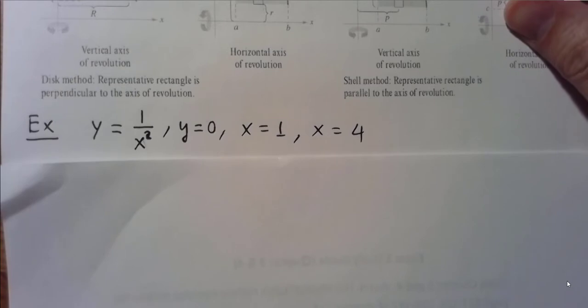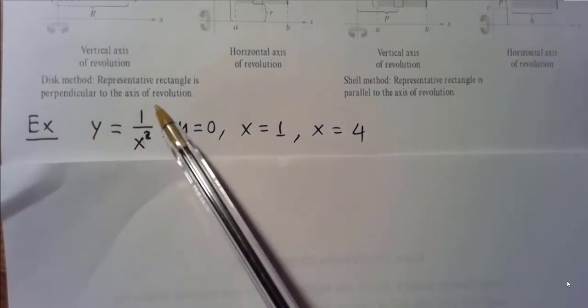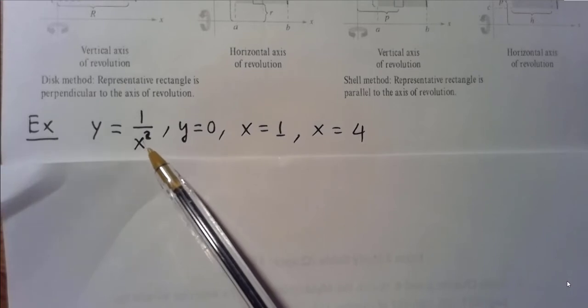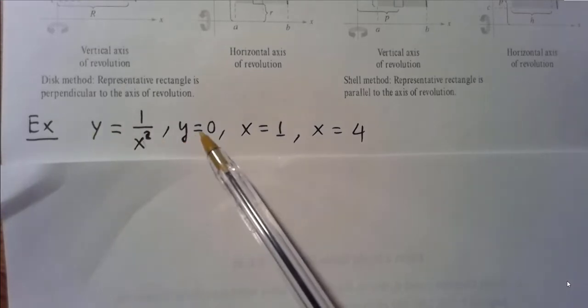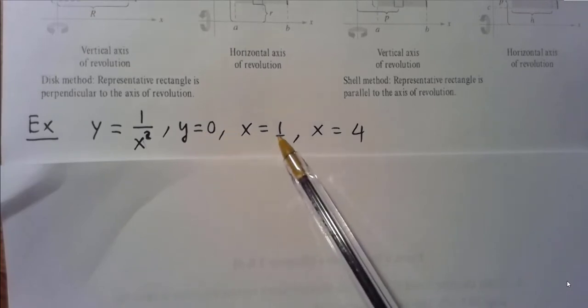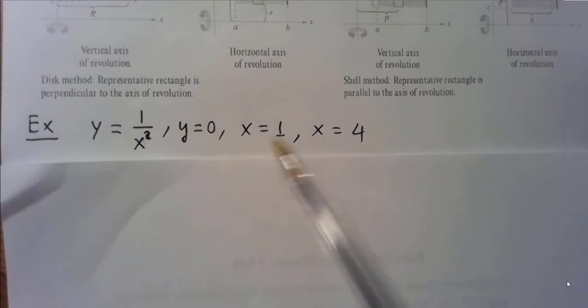Now let's consider this problem. We are given a curve y equals 1 over x squared, and this curve is bounded by y equals 0, x equals 1, and x equals 4. So 1, 2, 3, 4.